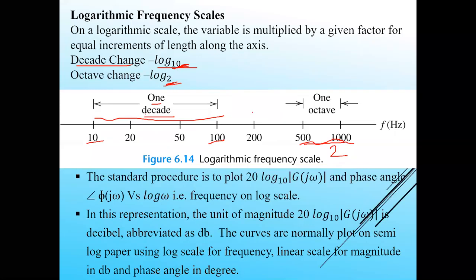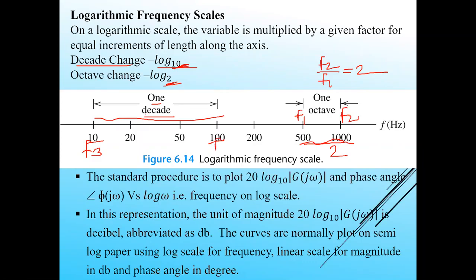And octave scale म्हणजे दोन frequency. Suppose I will name this frequency as f1 and this frequency as f2, then f2 upon f1, if f2 upon f1 is equal to 2, then it is known as a octave scale. आणि ह्या फ्रिक्वेन्सीला मी नाव देते समजा की f3, ही फ्रिक्वेन्सी f4 आहे.